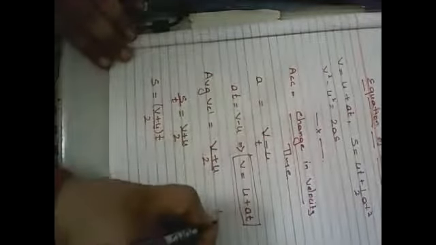From the first equation, t is V minus U by A. So this will be S is equal to V plus U into V minus U divided by 2A, so 2AS. A plus B into A minus B is A square minus B square, which is the another equation of motion.